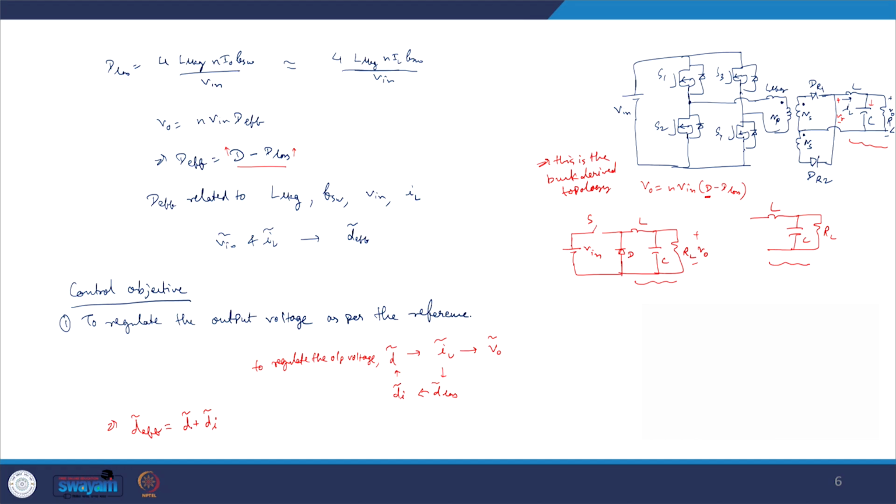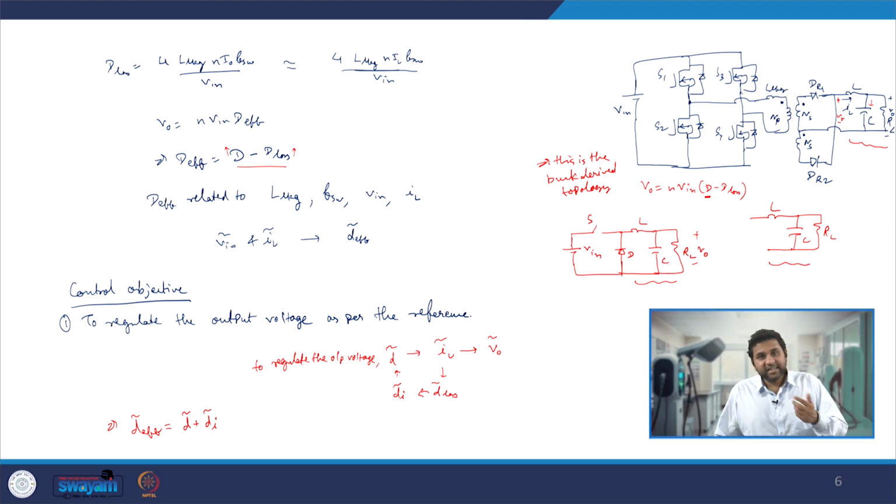And that D loss will also come along with this D. And if there is a change in the V in voltage, in order to make sure the output voltage is regulated even if there is a change in the V in voltage, the D changes, and again if the D changes, my IL changes, and along with IL my V in voltage is also there.